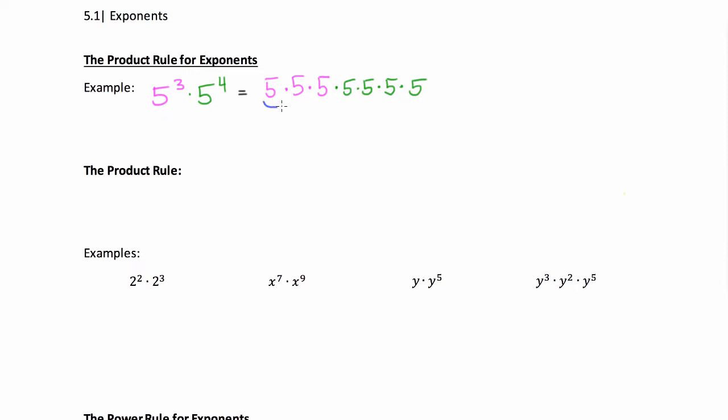I have 3 factors of 5 from the 5 cubed, and from the 5 to the 4th, I have 4 factors of 5. So the total number of factors of 5 is 3 plus 4 equals 7. And so my final answer here is 5 to the 3rd times 5 to the 4th equals 5 to the 7th.